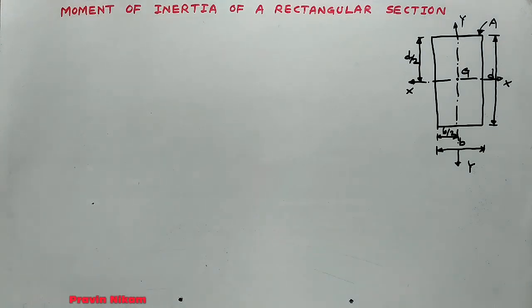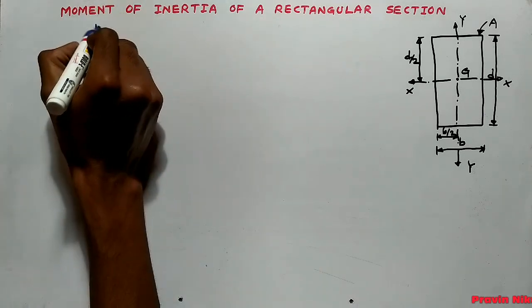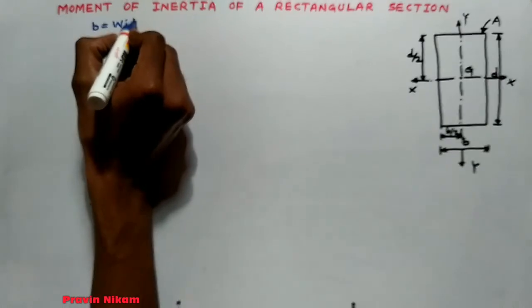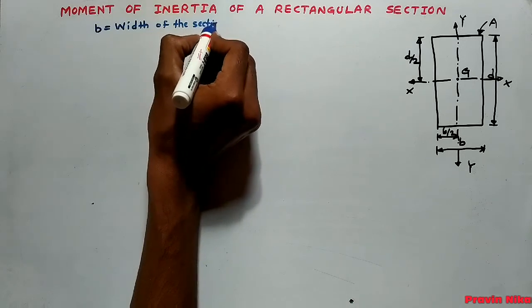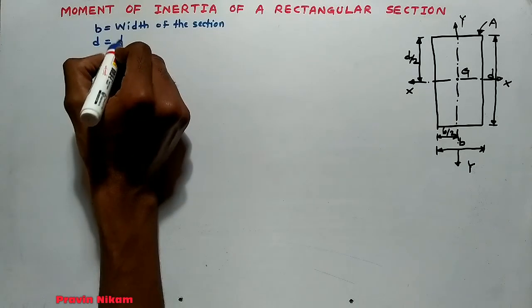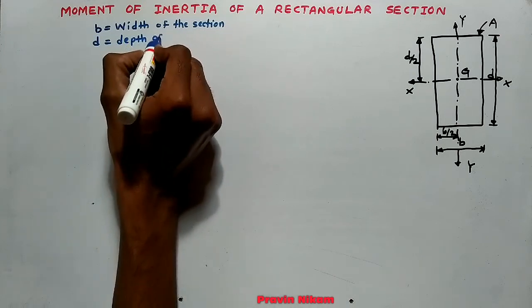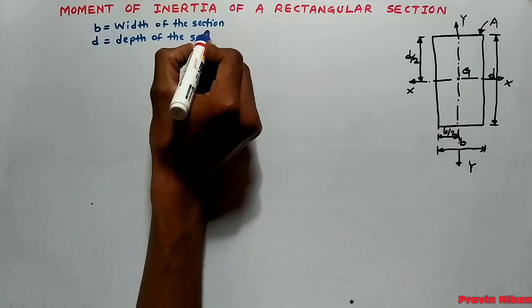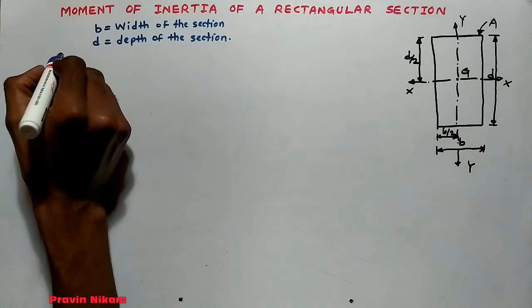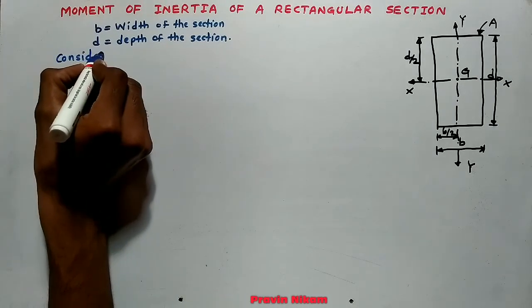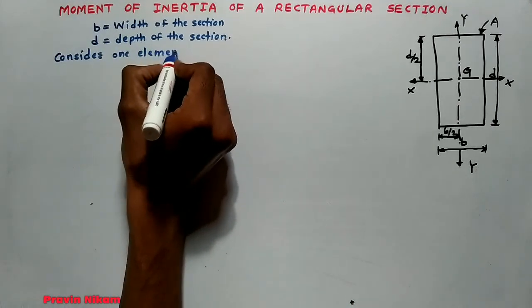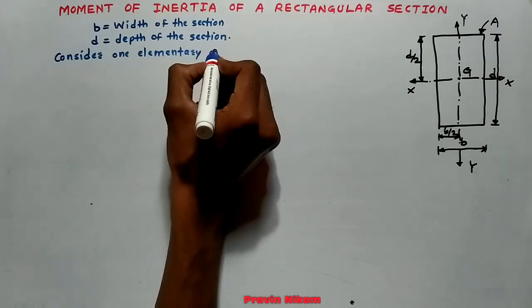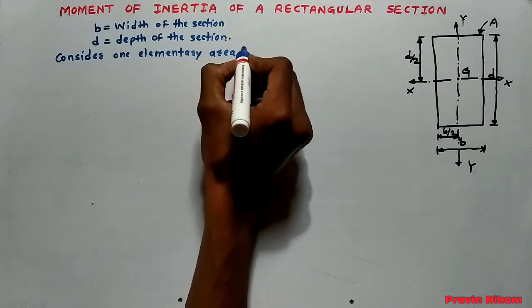So first write down: B is the width of the section and D is the depth of the section. Now consider one elementary area, or elementary strip.